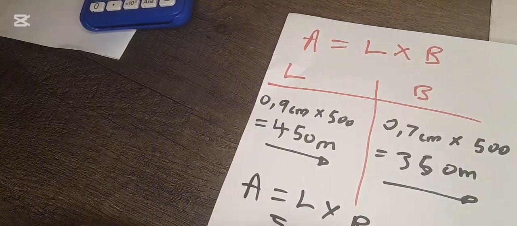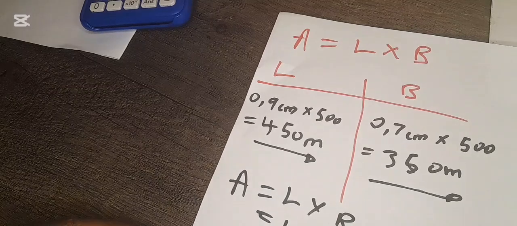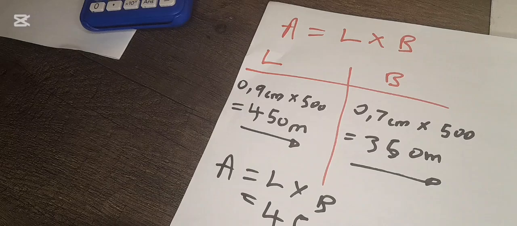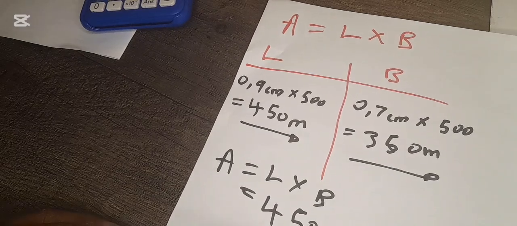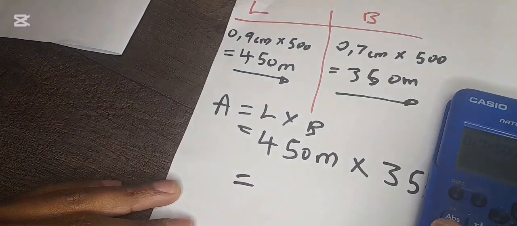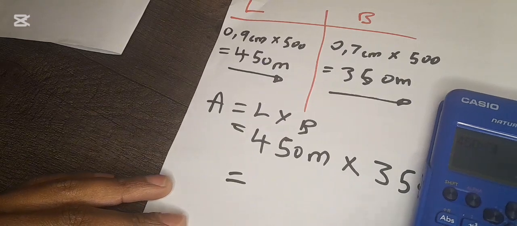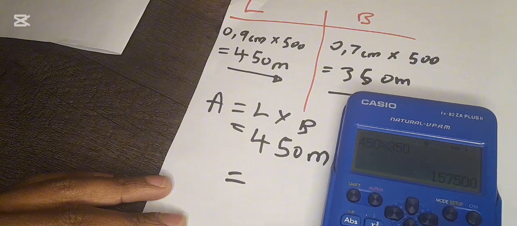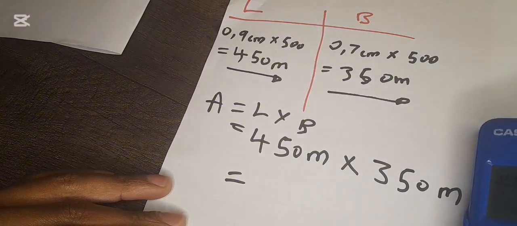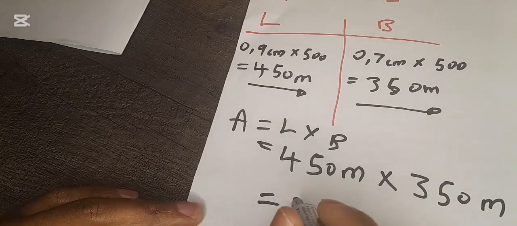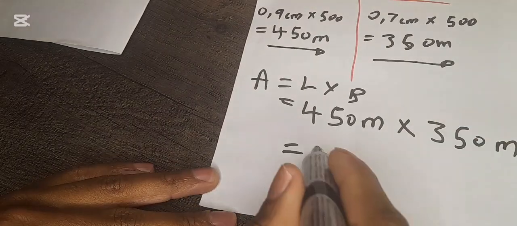It's 450 meters multiplied by 350 meters. What does the calculator say? 450 multiplied by 350. I'm getting 157,500 meters squared.